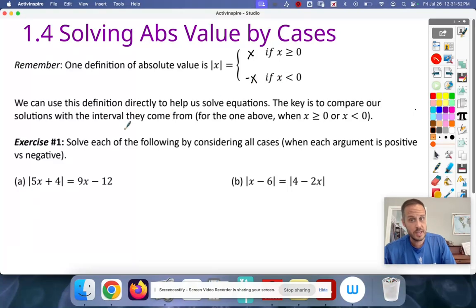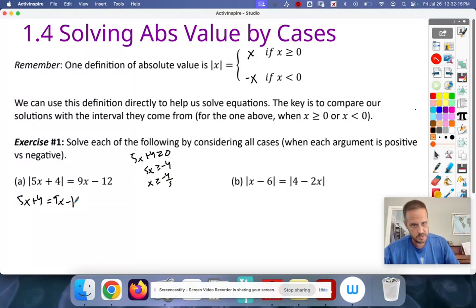The key is to compare our solutions with the interval they come from, and to find that interval. So here we're wondering, when is 5x plus 4 greater than or equal to 0? If you subtract 4 and divide by 5, you get x greater than or equal to negative 4/5. So when we're greater than or equal to negative 4/5, you're solving this equation: 5x plus 4 equals 9x minus 12.